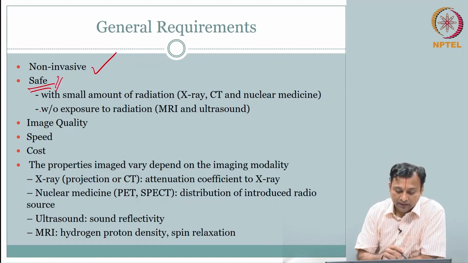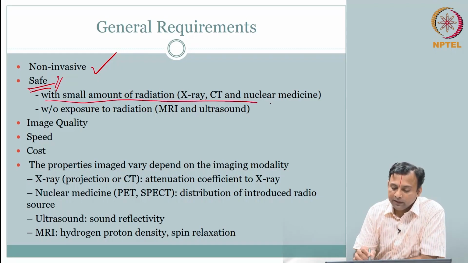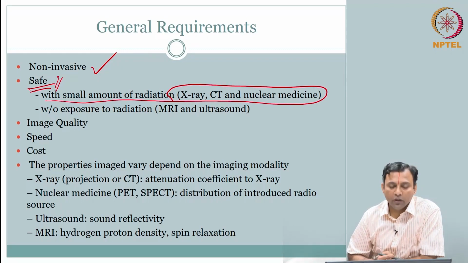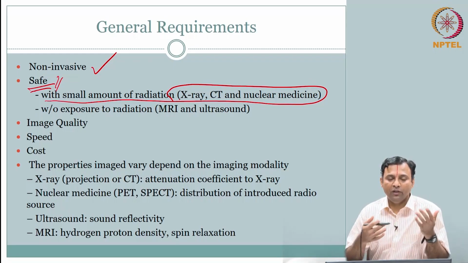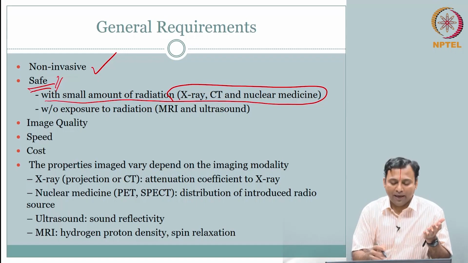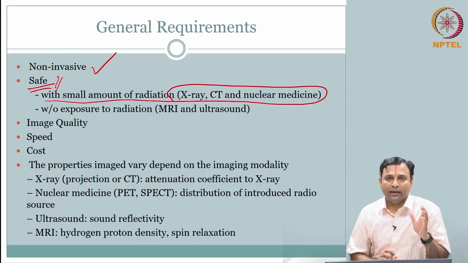Okay. So in that sense, these are all routinely used, right? X-ray, CT, nuclear medicine are routinely used. So there is a safety issue with radiation, right? Ionizing radiation. We'll go into the details. But the idea being, it is a cost versus benefit ratio. It is practiced at a level that is as low as possible, so that you can get the information.